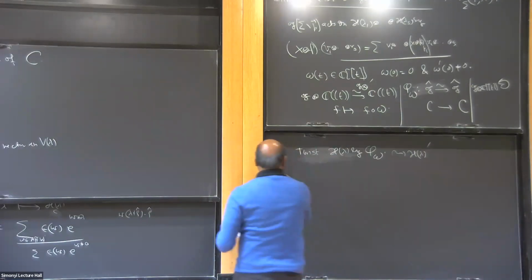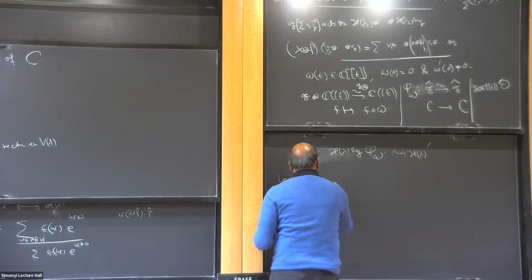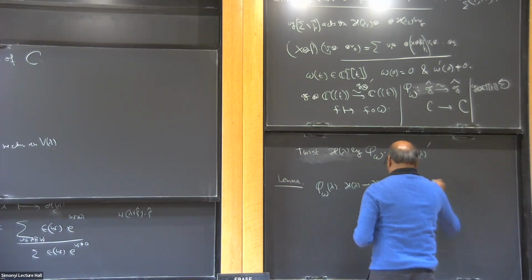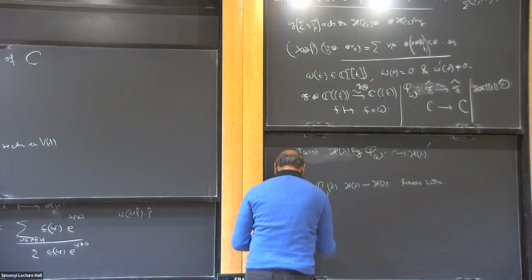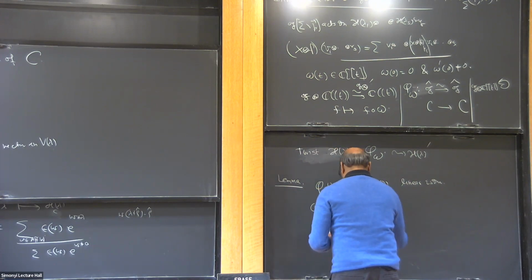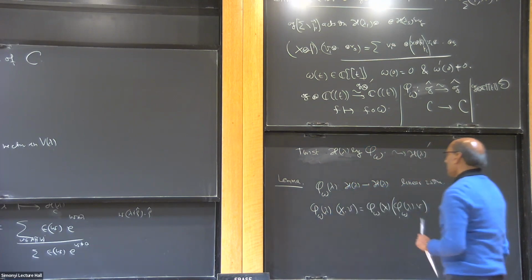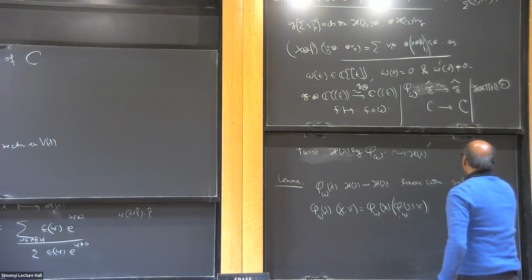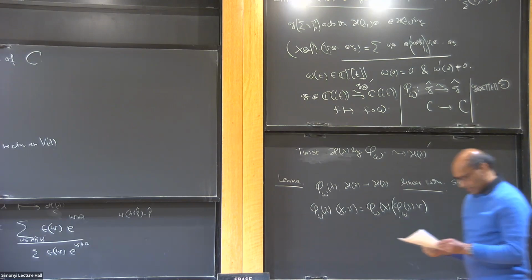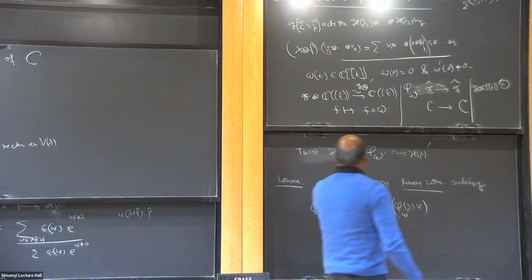Okay, so lemma. There is a linear isomorphism phi omega lambda from H lambda to H lambda prime, which has the property that phi omega lambda of X dot V is phi omega of X dot phi omega lambda of V. So right now I'm just calling this a linear isomorphism, and that's pretty clear, I think.